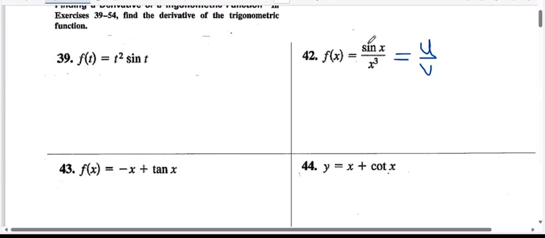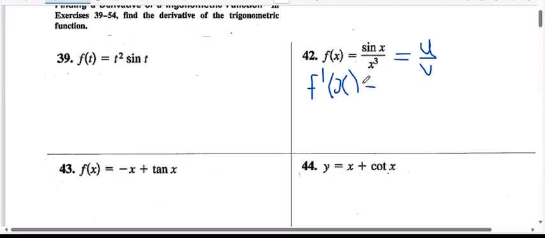In a situation where I have a function divided by another function, I'm going to use the quotient rule. I want to figure out f prime, the derivative of f of x.